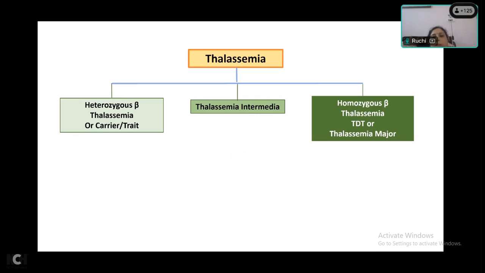At the other end of the spectrum we have thalassemia major, which is homozygous, where both genes are mutated and beta globin production is markedly reduced or almost absent, and this we call transfusion dependent thalassemia. In between these two extremes, we have a condition known as thalassemia intermedia. So I'll start with the students. Yogeshwar, how can you tell me clinically how all these three differ?